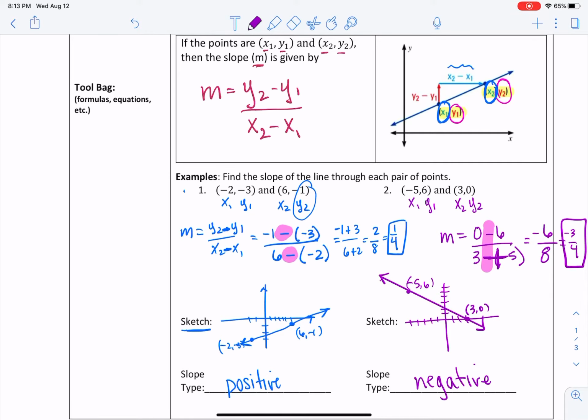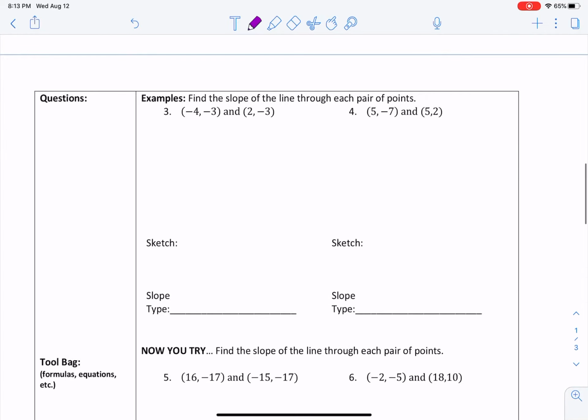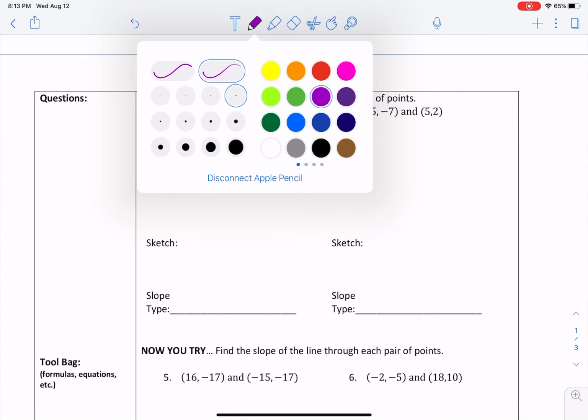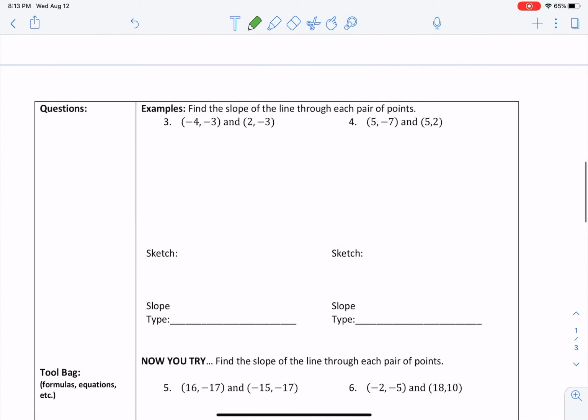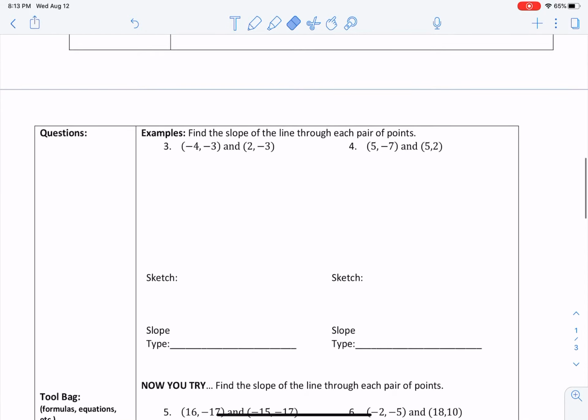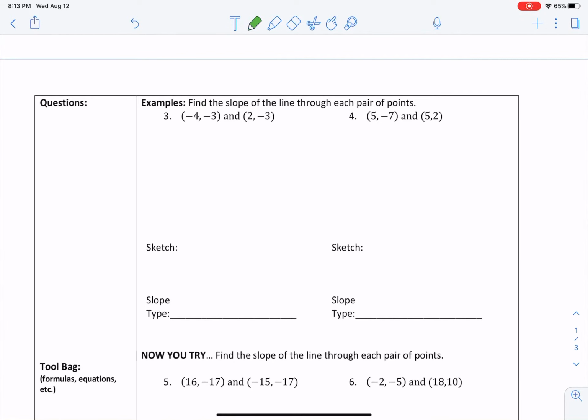Okay, let's do it a few more times. Label your points first for number 3. X1, Y1, X2, Y2.